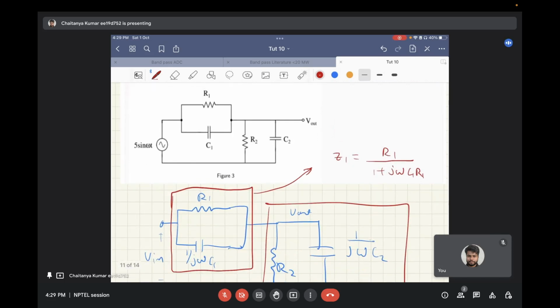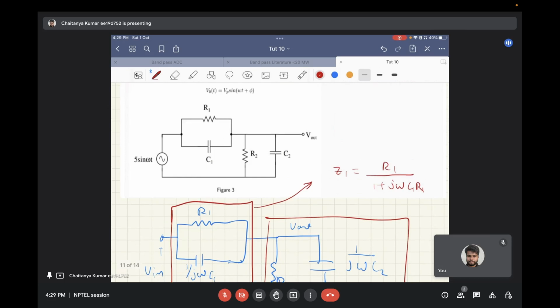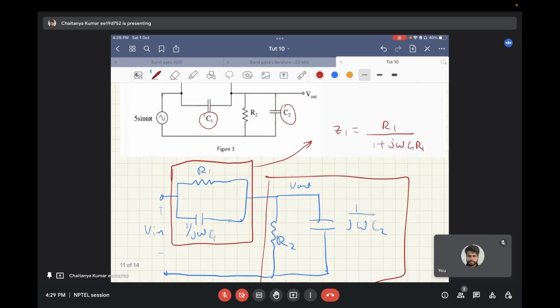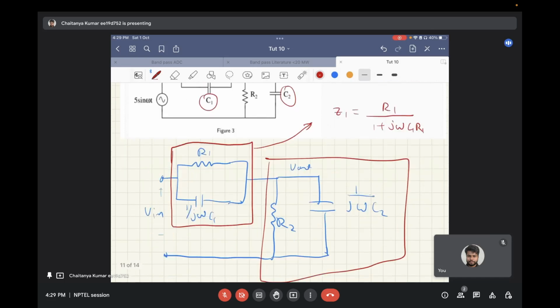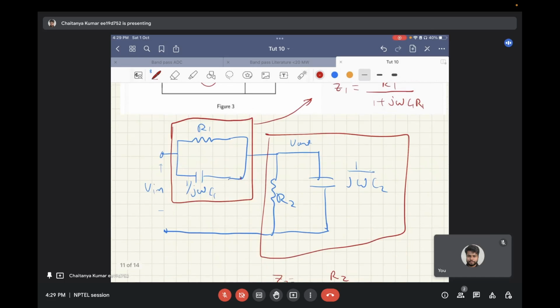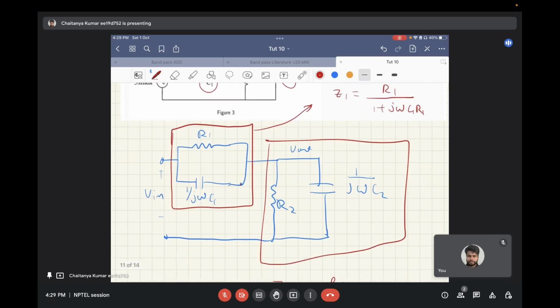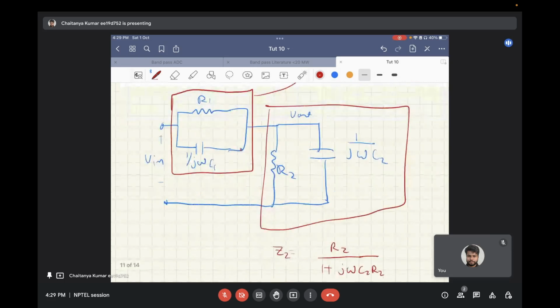So again, the impedances of the capacitances can be written as 1 upon j omega C. So from there, the capacitors are replaced as follows. The impedances of these two sections are Z1 is R1 upon 1 plus j omega C1 R1, and Z2 is R2 upon 1 plus j omega C2 R2.